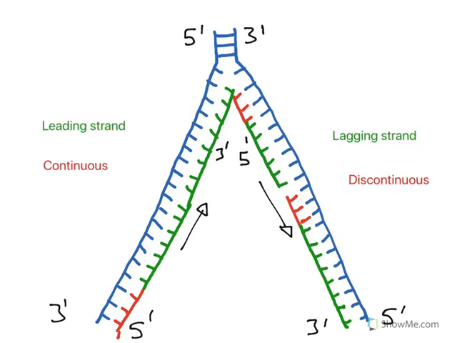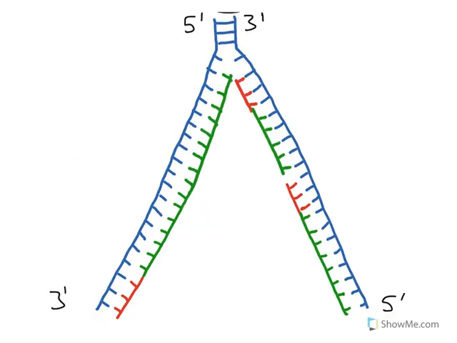So the strand produced on the left hand side, produced by DNA polymerase all in one go, is termed the leading strand, and it's produced in a continuous fashion. However, the strand produced on the opposite side is called the lagging strand. It's produced in sections by DNA polymerase, and so its production is described as discontinuous.